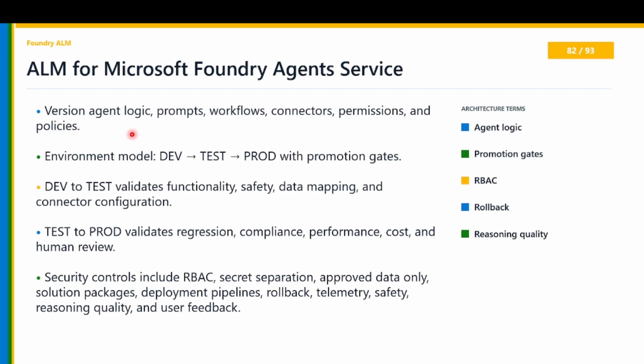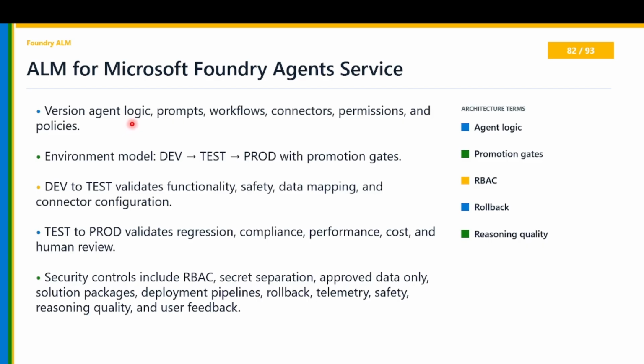So always version agent logic. Very, very important. It is not only the prompt that you version. So version agent logic. I want you to see agent logic as a system prompt. The logic of the agent is the system prompts that you are giving to it. So it must be grounded, it must be factual, it must be accurate, it must be within the business context and boundary, and it must be reasonable and understandable for the agent. So do not make agent prompts or system prompts too long.